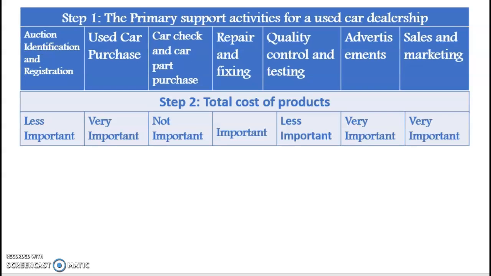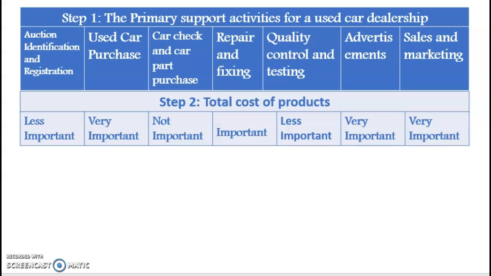Step 2, which is the total cost and importance of each section illustrated before. The first one is the auction identification and registration. It's less important, as said here, compared to other sections. The used car purchase section is actually very important.